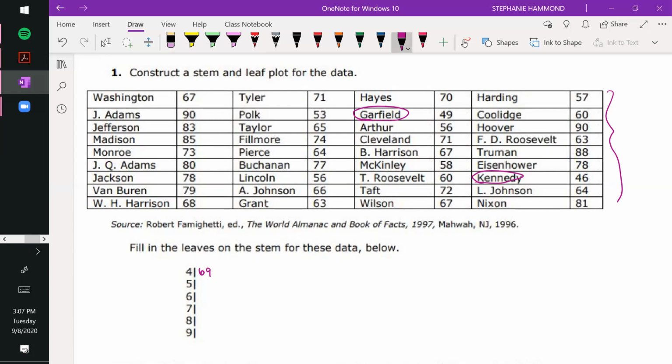So for the 50s, there's a 53, a 56, a 56, a 57, and a 58. As I do this, it's best practice to make sure that you cross off the ones that you've already included so that you don't repeat anything. And if you accidentally skip one, you'll see it in the end.